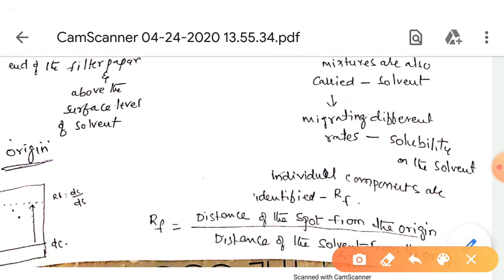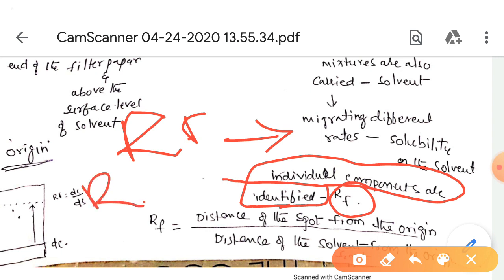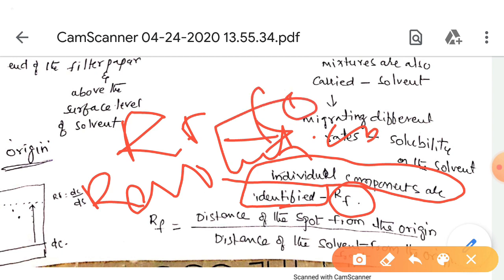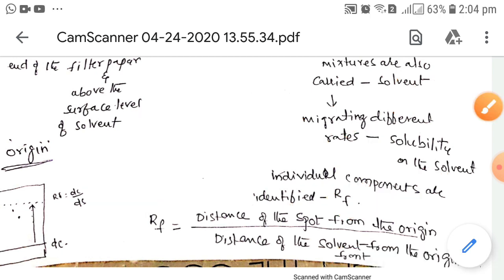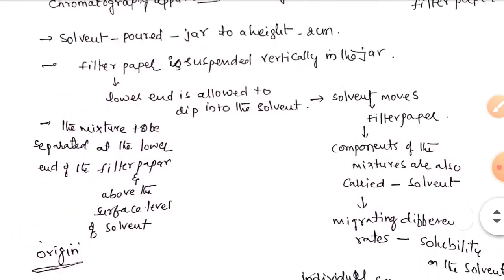The individual components are identified through the RF value. RF means retention front. The RF value is calculated as the distance of the spot from the origin divided by the distance of the solvent front from the origin.